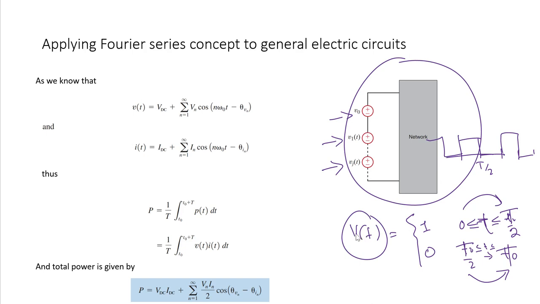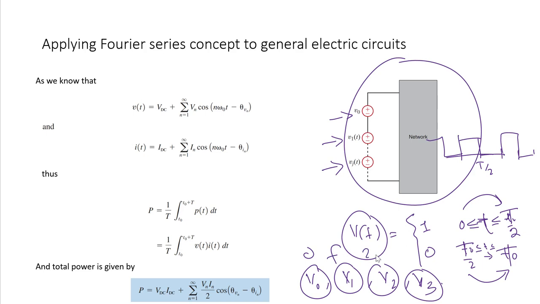If we apply Fourier series transformation on this and find its Fourier series, we will get v0, v1, v2, v3. Now these things are not separate sources, but they represent separate sources of frequency 0, frequency f, 2f, 3f, let's say.